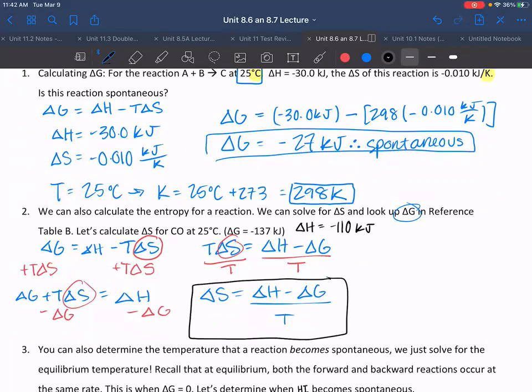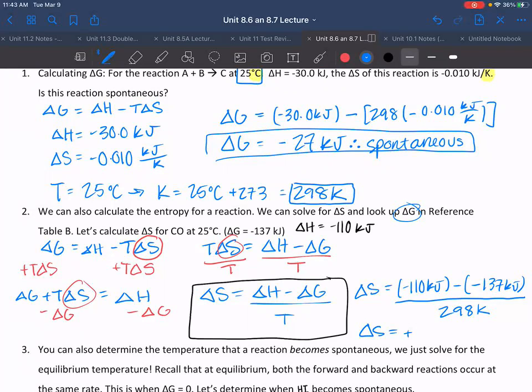So if we plug everything in, delta S is equal to negative 110 kilojoules minus a negative 137, all divided by 298, because we have to remember to convert to Kelvin. It's always in Kelvin. Delta S is then going to be equal to positive 0.0906 kilojoules per Kelvin.